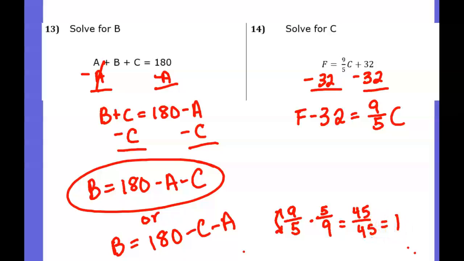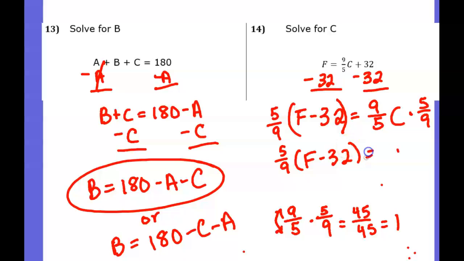So that's how we end up getting rid of the 9/5. We multiply both sides by 5/9. But because I'm multiplying the left side by 5/9, I need to be careful and put it in parentheses, times 5/9. So 5/9 times F minus 32 is equal to C. Or we can rewrite it.